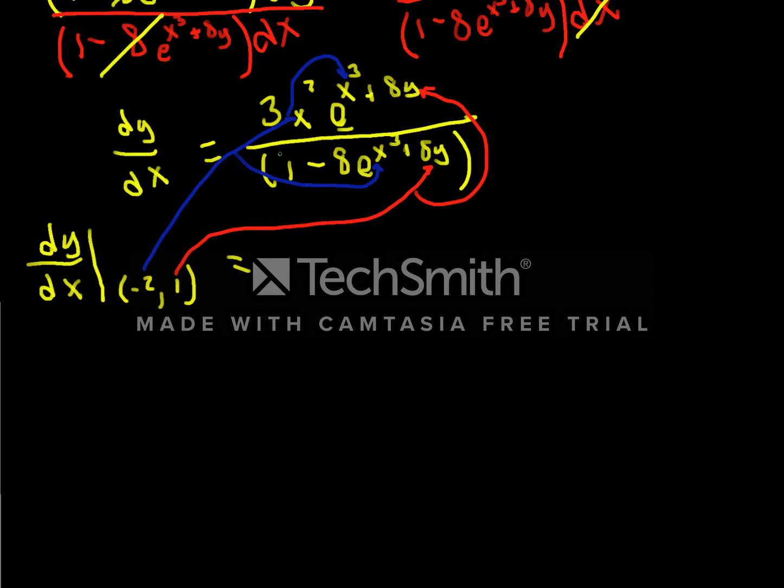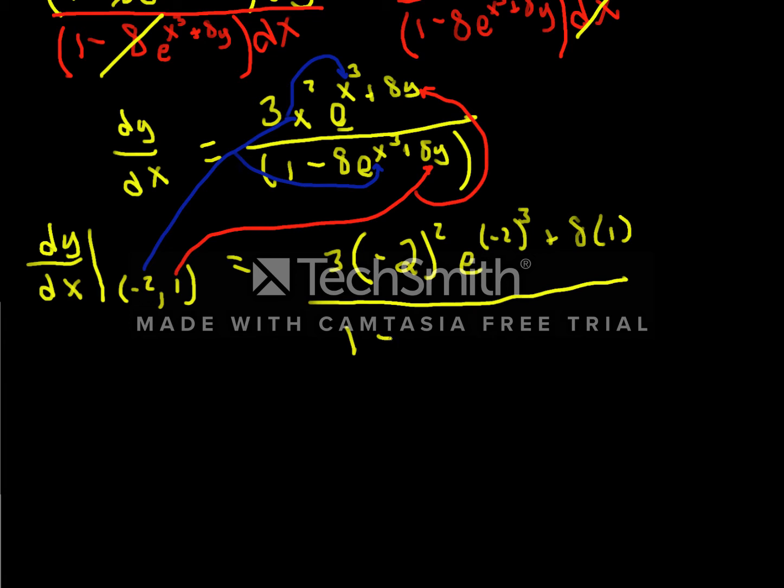So this is equal to 3 times negative 2 squared e to the negative 2 cubed plus 8 times 1, all divided by 1 minus 8 e to the negative 2 cubed plus 8 times 1.